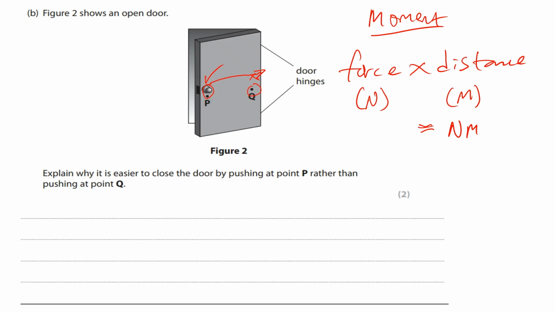But if the distance between the point and the hinge is smaller, as in the case of point Q, the moment will be smaller as well. So it will require a much higher force to close the door at point Q. You need to apply a larger force compared to closing the door at point P.